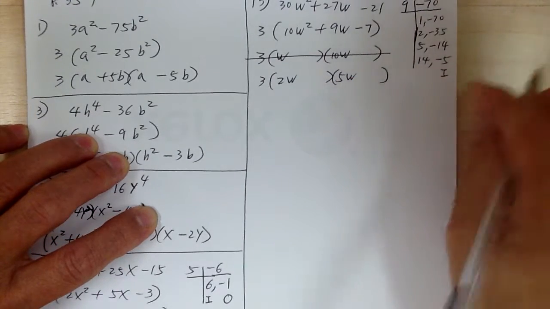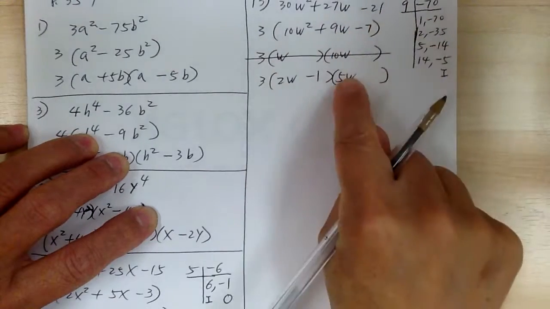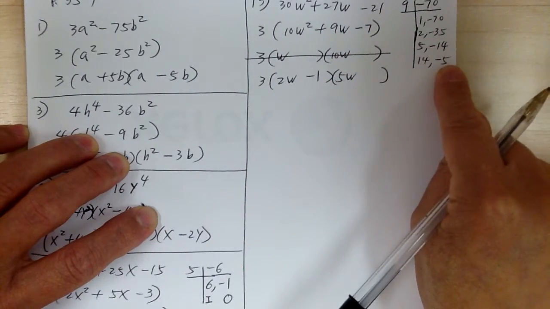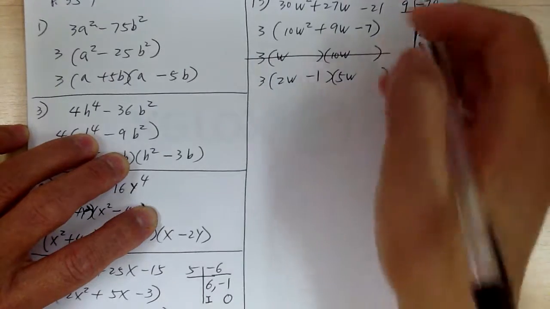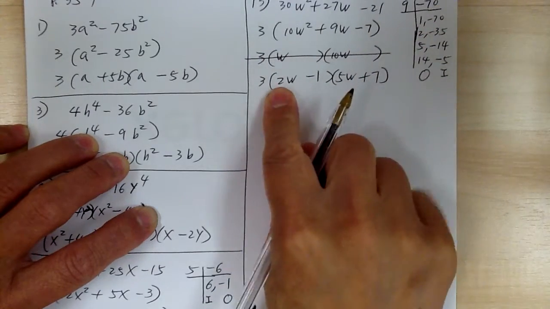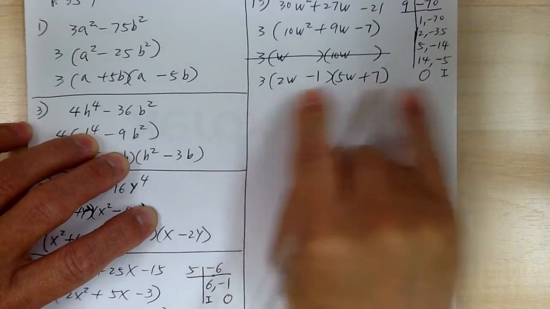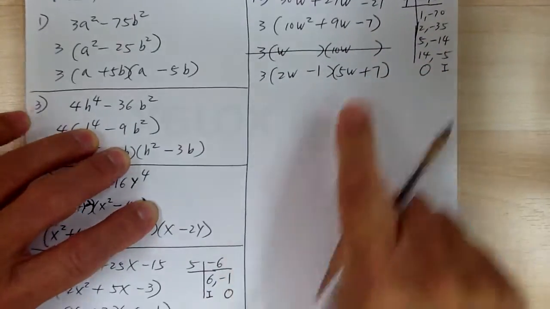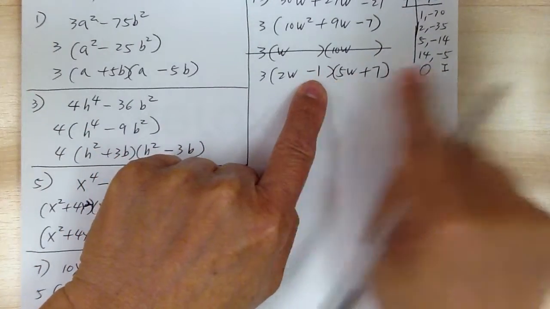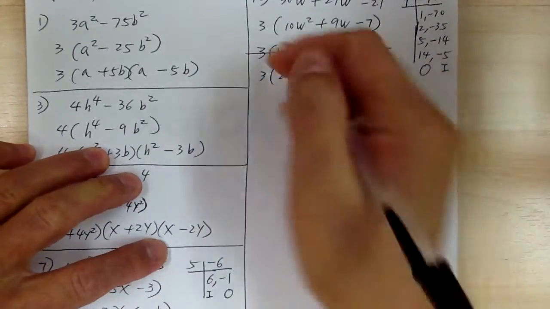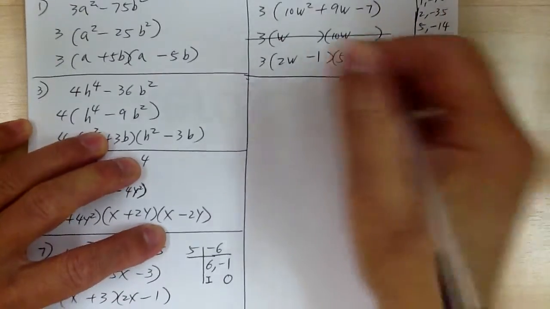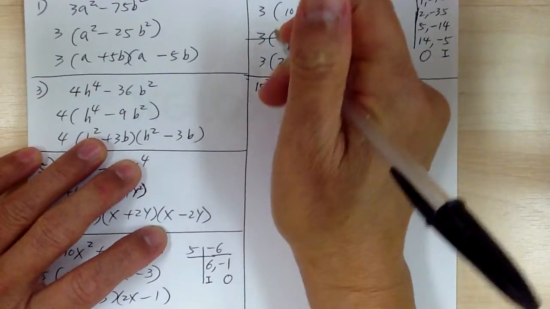So this would be your inside. So it would be minus 1. 5 times negative 1 give you negative 5. So this would be the outside. Now to get outside of 14, you need to get plus 7, right? 2 times 7 will give you 14. Okay, so again, inside, 5 times negative 1 give you negative 5. Outside, 2 times 7 give you 14. Okay, and that's it. Okay, let's go to number 15.